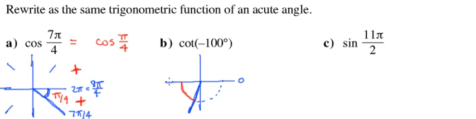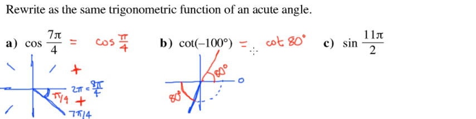And let's see, if this is 180 and this is 100, then there should be an 80-degree reference angle. So instead of doing cotangent minus 100, you could just use 80 instead, and you'll get the same number. So the cotangent of minus 100 equals the cotangent of 80.